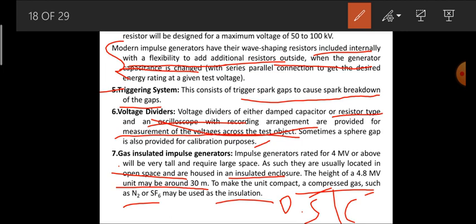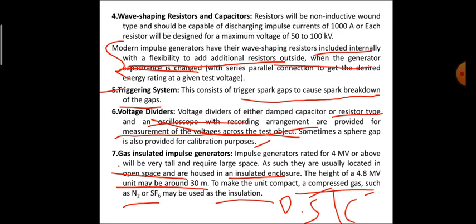The energy also plays an important role. The energy needed for this type of testing of the equipment is almost up to 30 kilojoules, and the load capacitance required would be up to 500 picofarad. So this is all about the components of a multi-stage impulse generator.